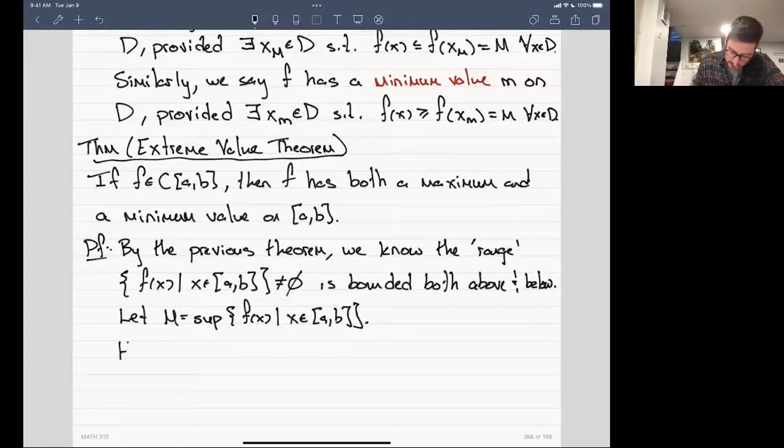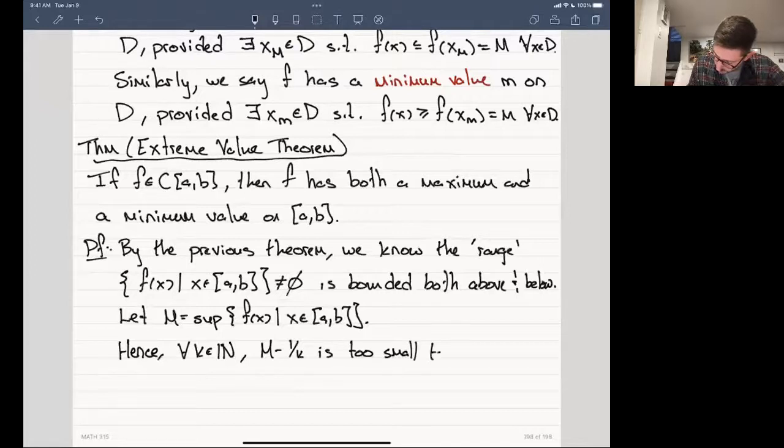So this says, hence, for all k in the natural numbers, M minus 1 over k is too small to be an upper bound, right? So this is just the definition of the least upper bound, which is coming by proxy of the supremum.